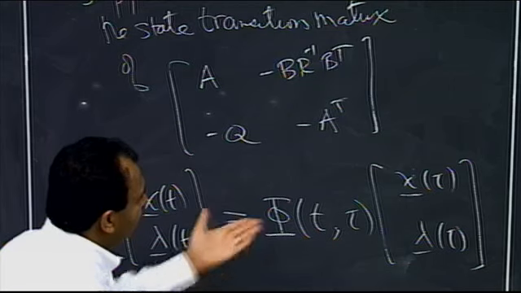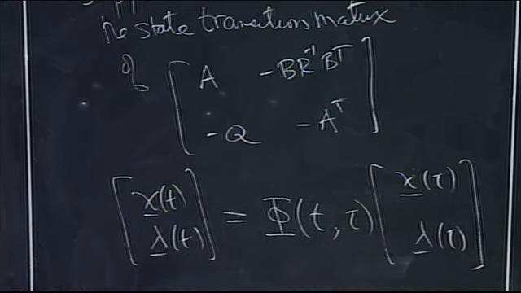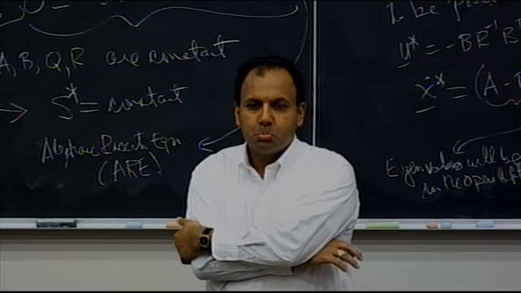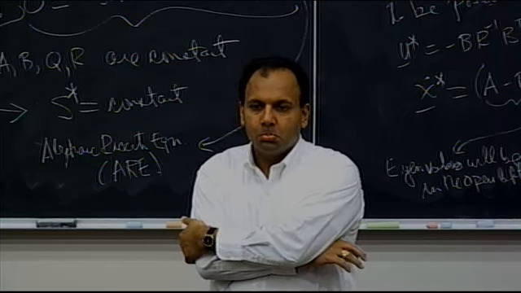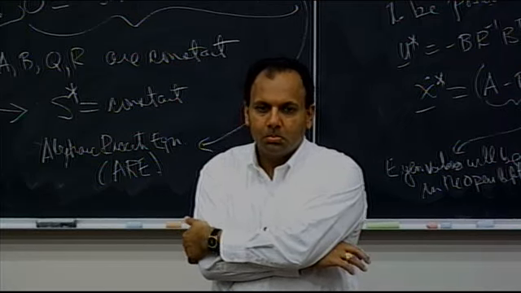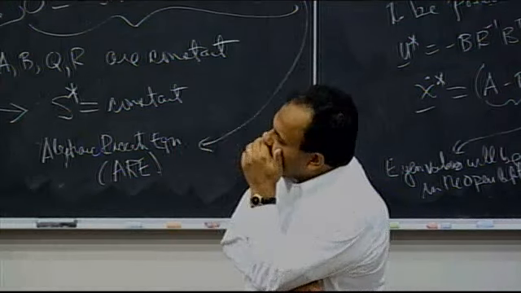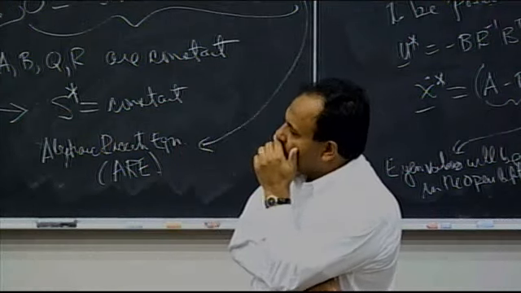All right? Now, given the state transition matrix, which I assume I can compute perfectly, how am I going to solve this problem? Where is the fundamental issue in solving this problem?